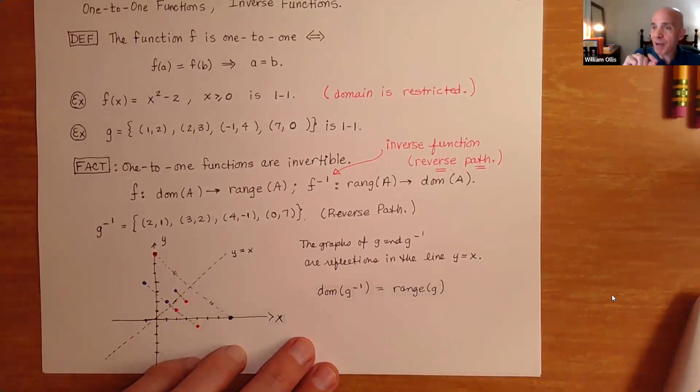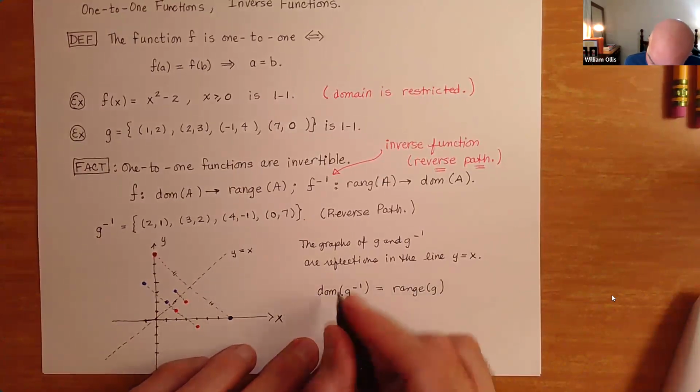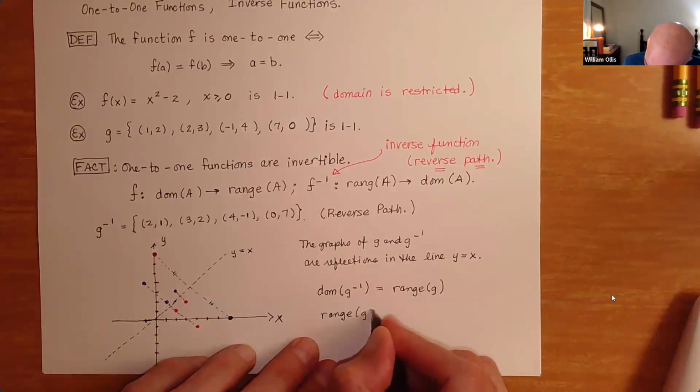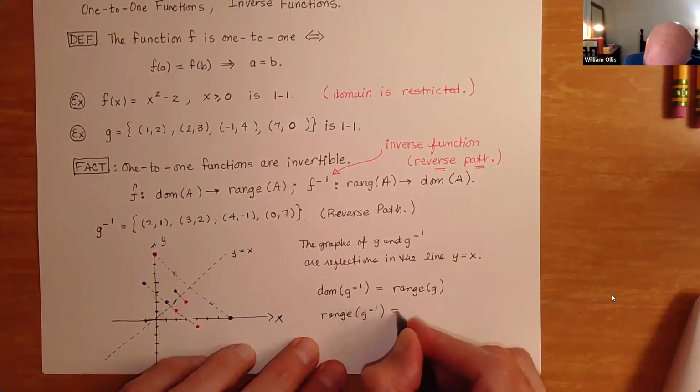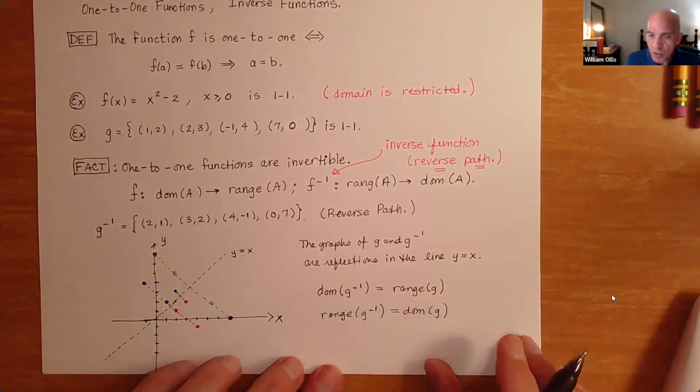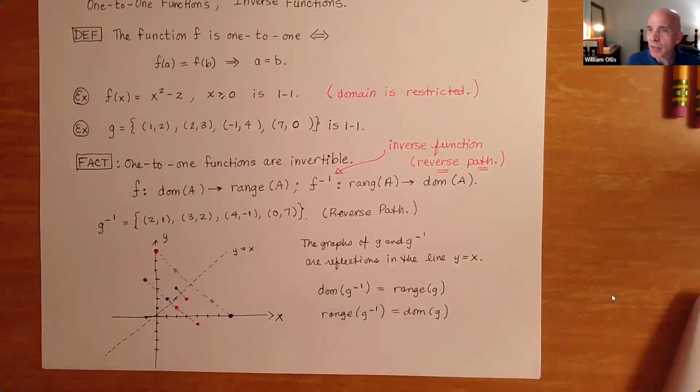You move from the domain of g into the range of g, and then you can go in reverse by moving from the range of g into the domain of g. So therefore, the range of g inverse is just the domain of g. So there's really nothing new.